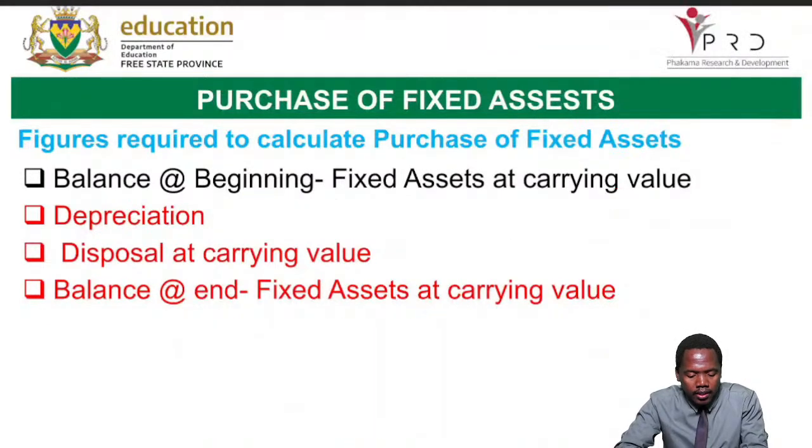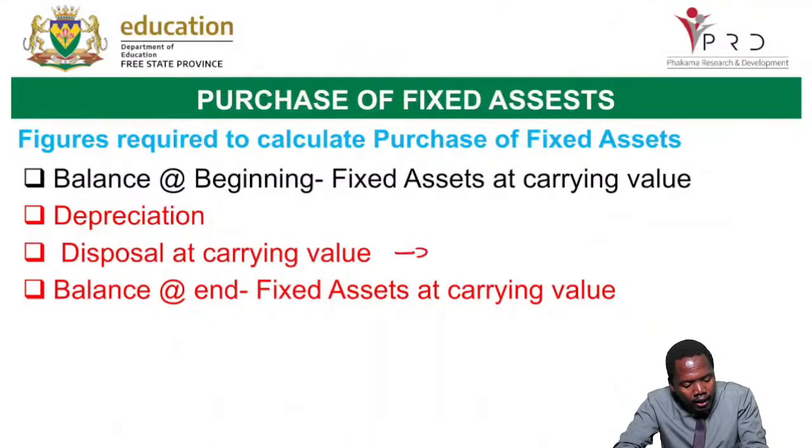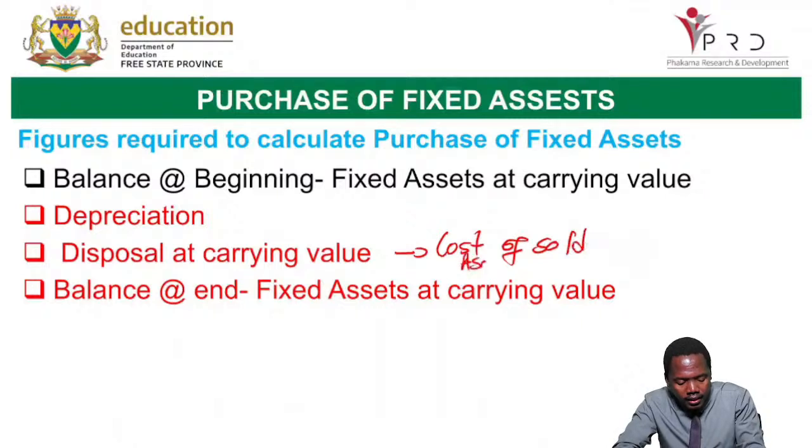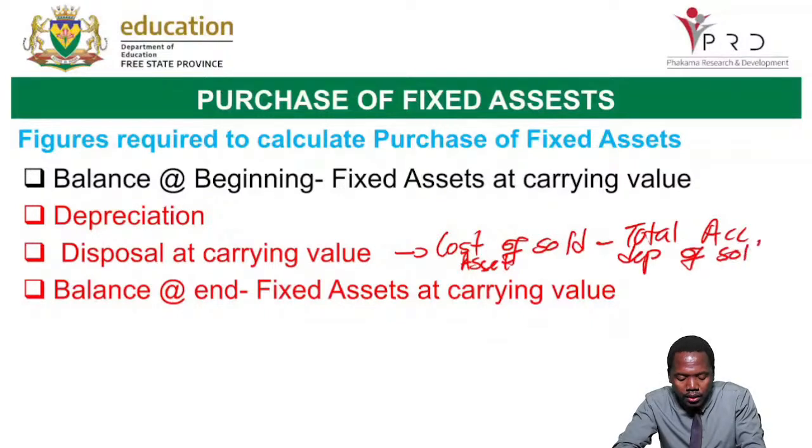Just clear this so that it becomes clear. How do I determine the disposal at carrying value? It will be the cost of the sold asset minus the total accumulated depreciation of the sold asset.